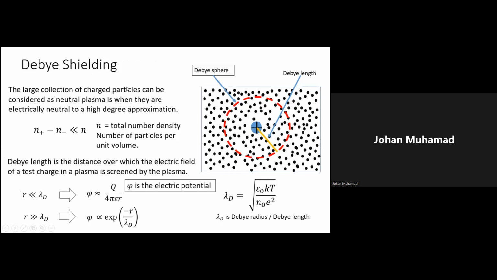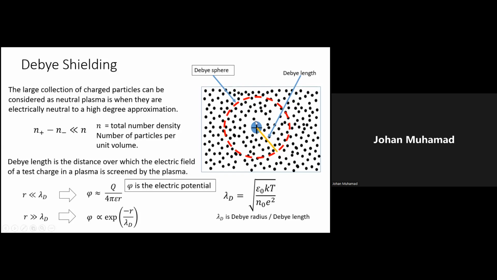So what is Debye shielding? For example, we have a large collection of charged particles here. This is the ionized gas, and then we put some test charge in the center or somewhere inside of this collection of charged particles, and then of course there will be interaction between these particles.